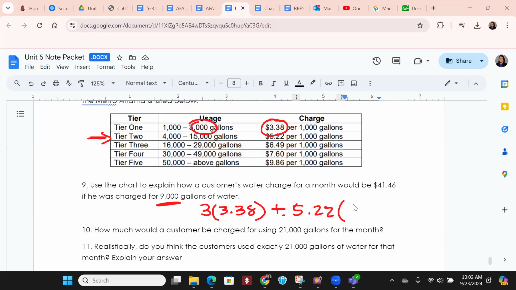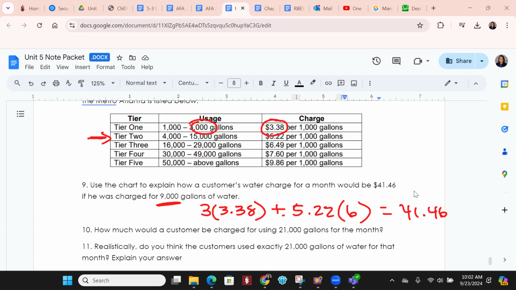We had 6, so we would do times 6. And that would give us $41.46.